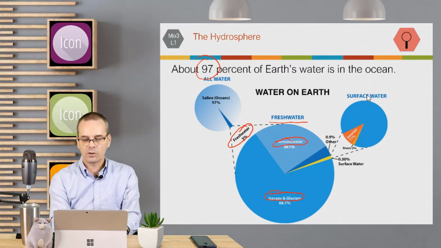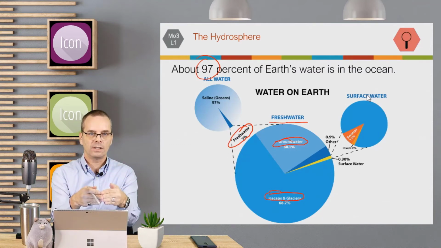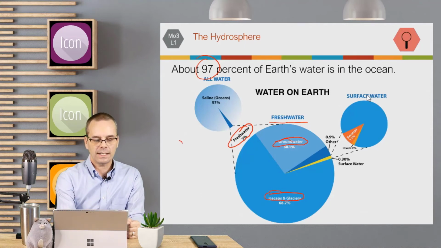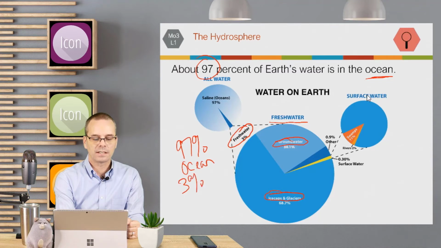Then you start looking at what is on the surface, what is in rivers, what is in swamps. I mean, they continue to cut it down. But the big thing to know is that 97%, right, is in the ocean, and 3% is fresh water.